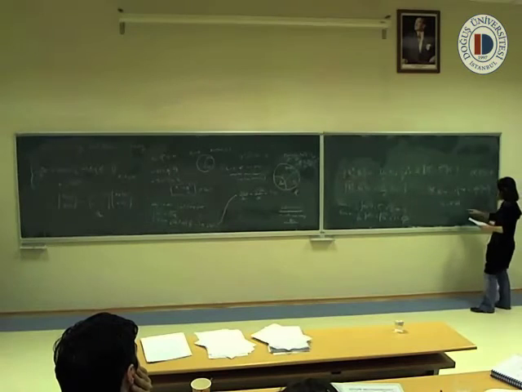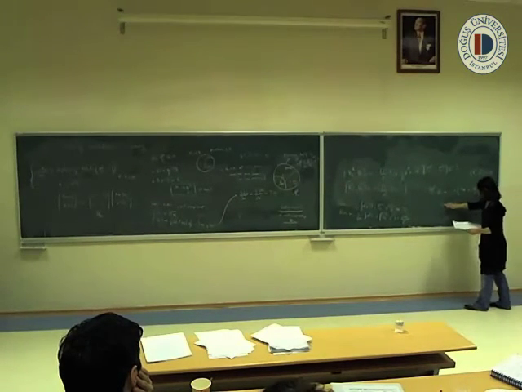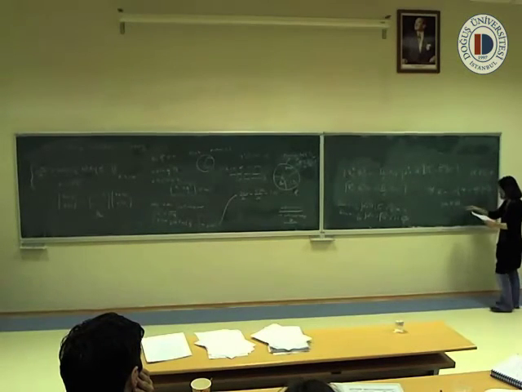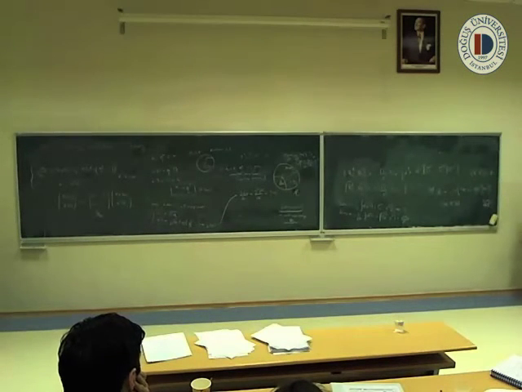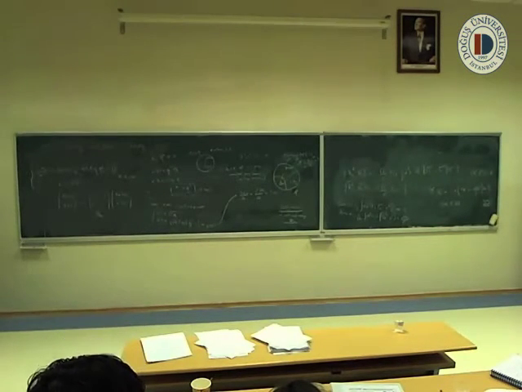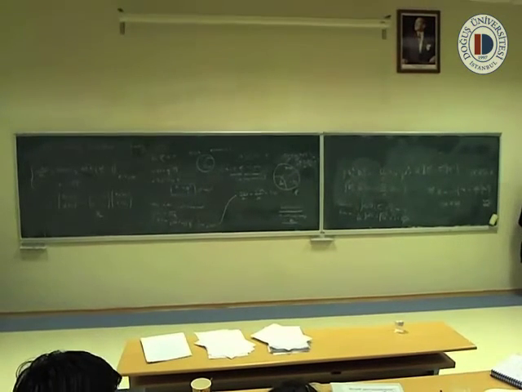And we also commented that when this condition is satisfied, when the mass is equal to the central charge, we are at the BPS bound, which implies that the number of degrees of freedom in the massive multiplet is exactly the same as in the massless multiplet.